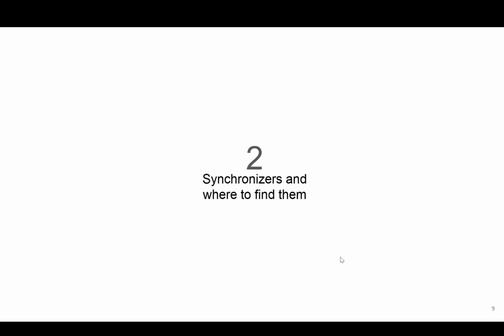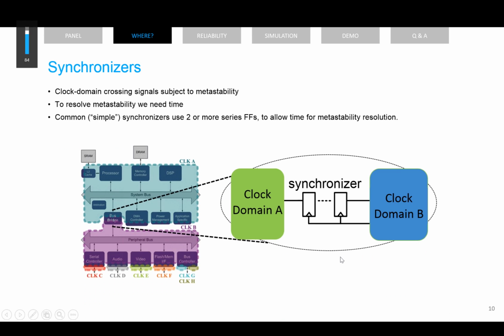So to start talking about synchronizers, synchronizers can be found in any modern chip, as the one you see in the picture. The main reason for that is that today's design style is to break the different clock domains into small pieces, where each module operates at a different clock or maybe also voltage.